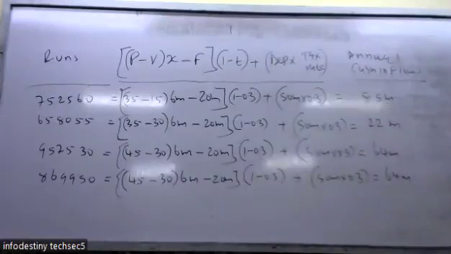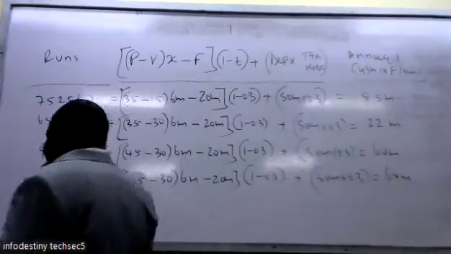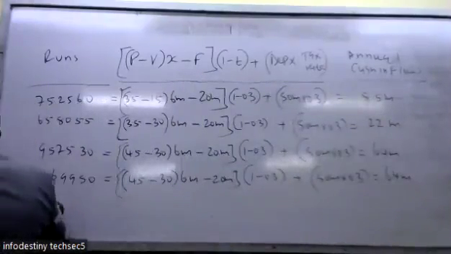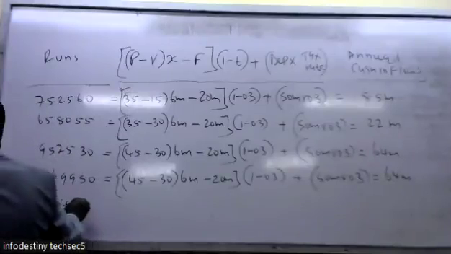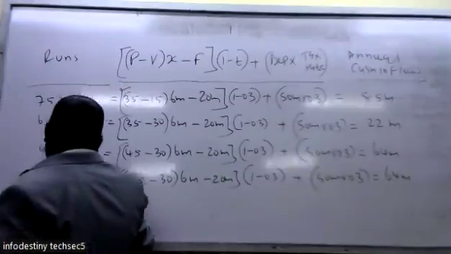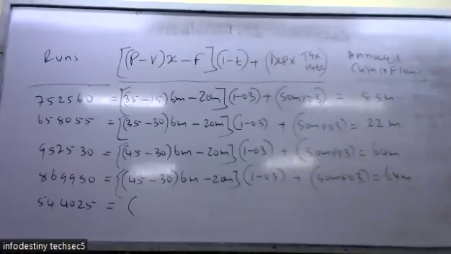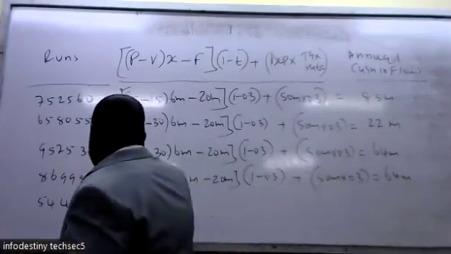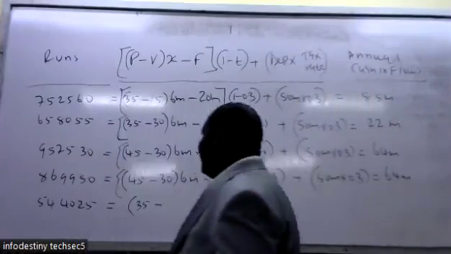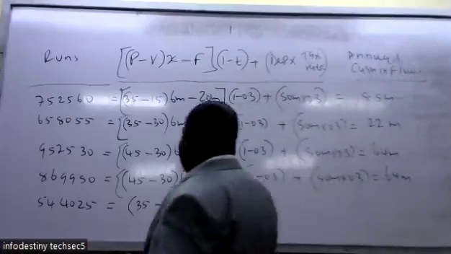Then we go to the last random number: 54, 40, 25. So 54 should give us 35. Then 40 should give you 15.